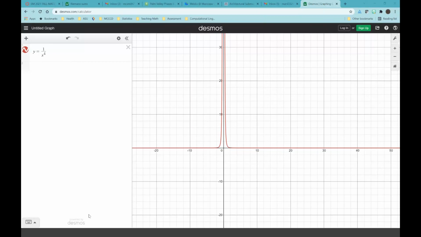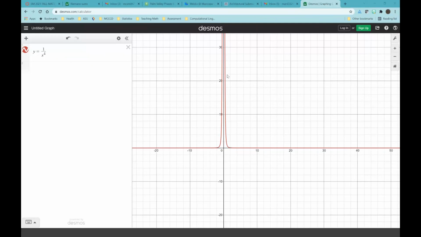There's a vertical asymptote at x equals 0. The area under the graph becomes unbounded. Does everybody see this?